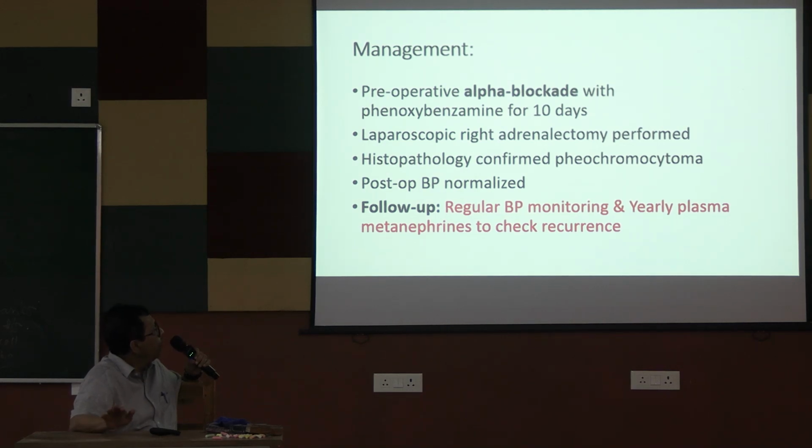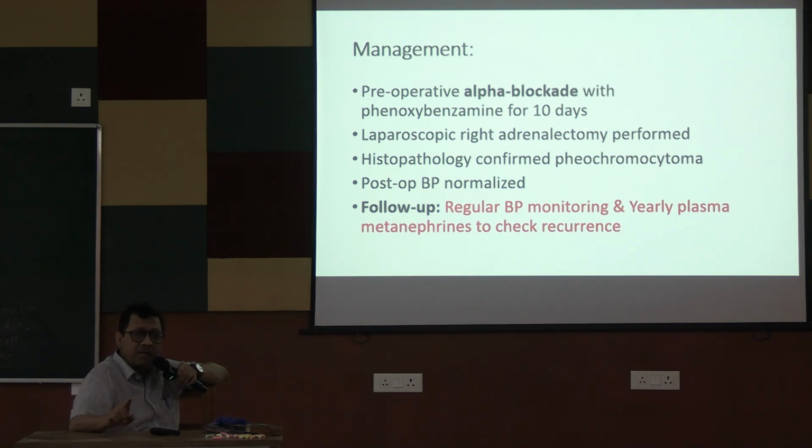And next, we may have to correct the fluid deficit. These kinds of patients, due to hypertension, suffer from fluid deficit. So we correct the fluid deficit and the blood pressure with the alpha blocker; at times beta blockers are also necessary to control the blood pressure.